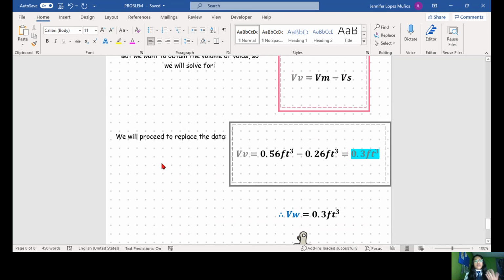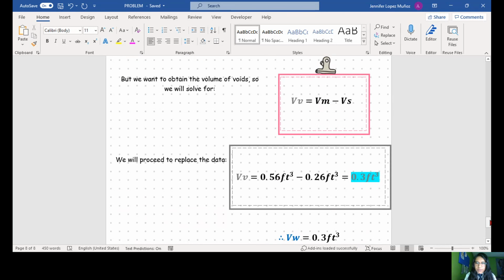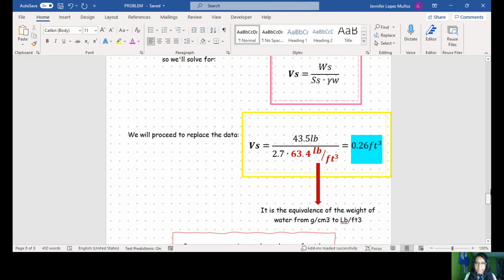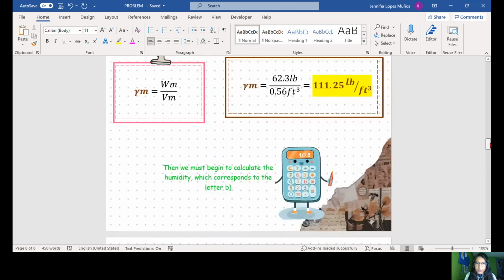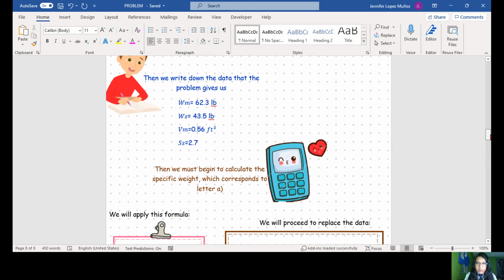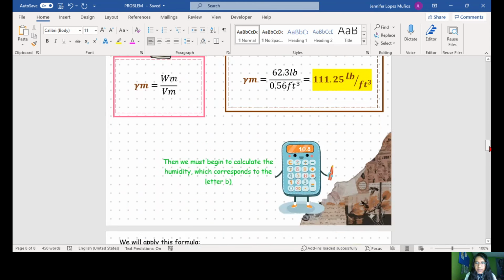We will proceed to replace the data. The void volume equals the sample volume. I have the sample volume corresponding to 0.56 cubic feet.